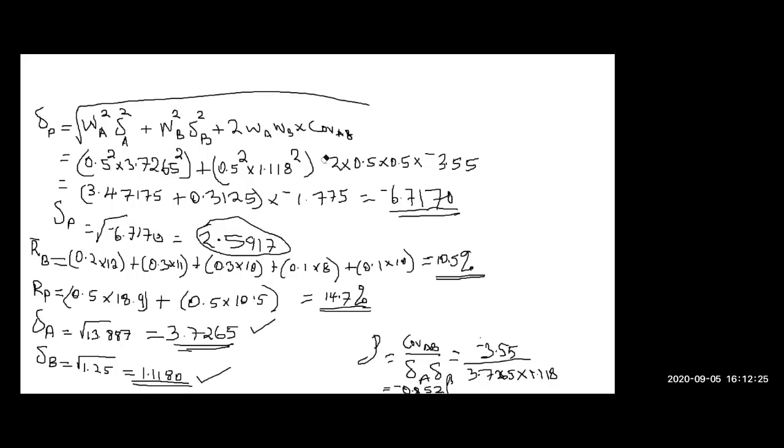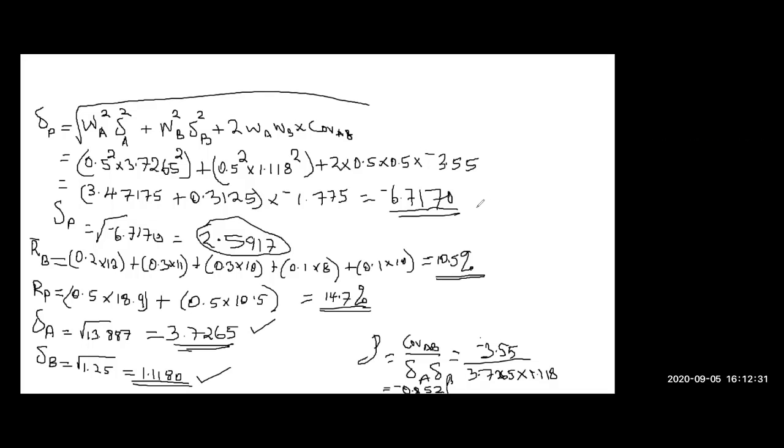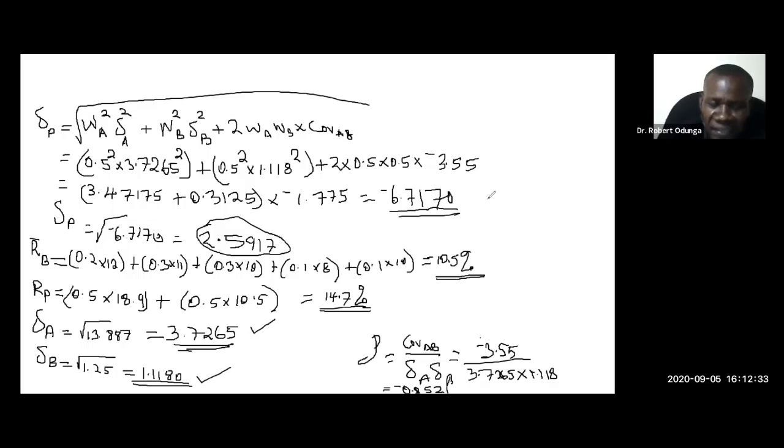Thank you for that correction, because my figure was not coming up. Good. When you work out that one, it will come positive, because I was wondering why it was coming negative.